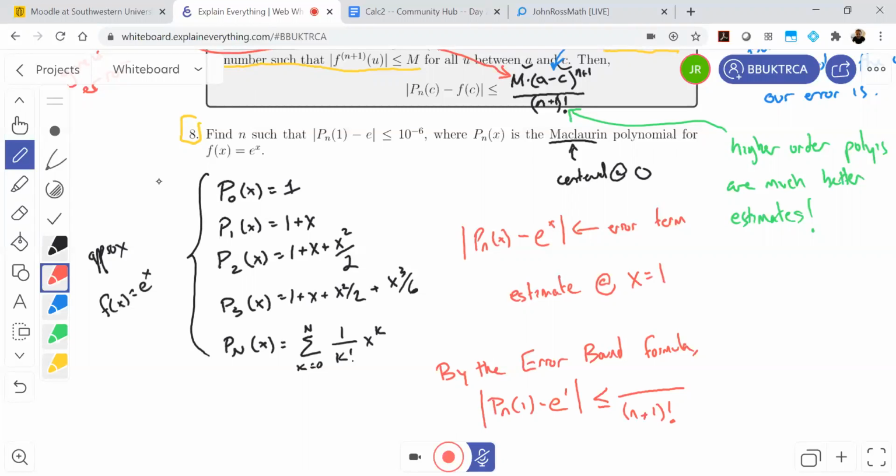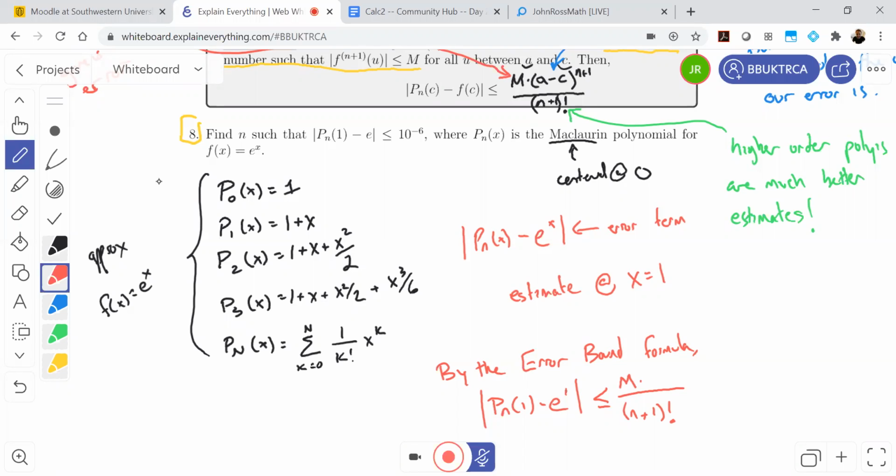And in the numerator, it's going to be an M, some capital M, TBD, times this expression, which we wrote up there confusingly as a minus c to the n plus 1. This is just going to be our central value in the estimate minus the actual value we're interested in, raised to the n plus 1.